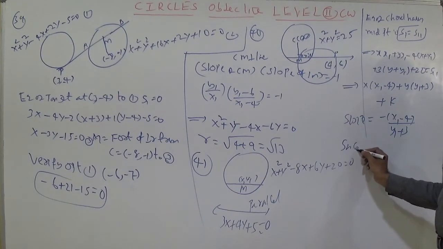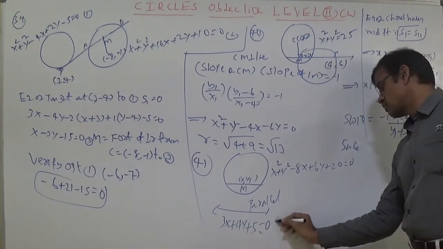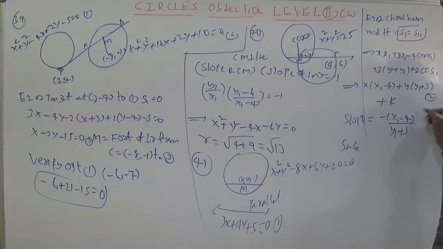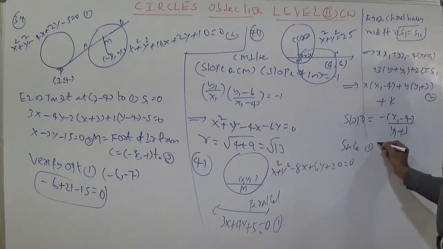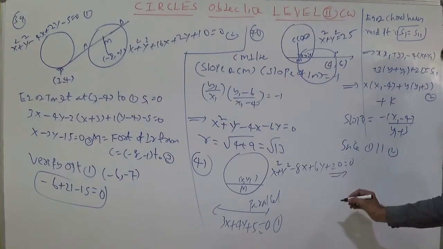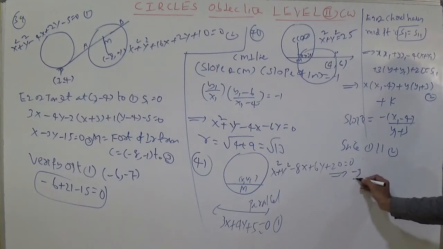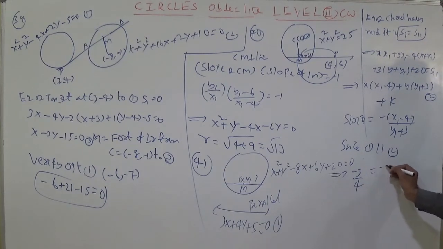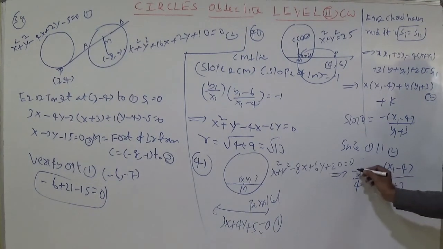Let this name be 1 and this name be 2. Since 1 is parallel to 2, equate the slopes. Here the slope is minus 3 by 4 and here the slope is minus of (x1 minus 4) by (y1 plus 3). Minus and minus both sides get cancelled.